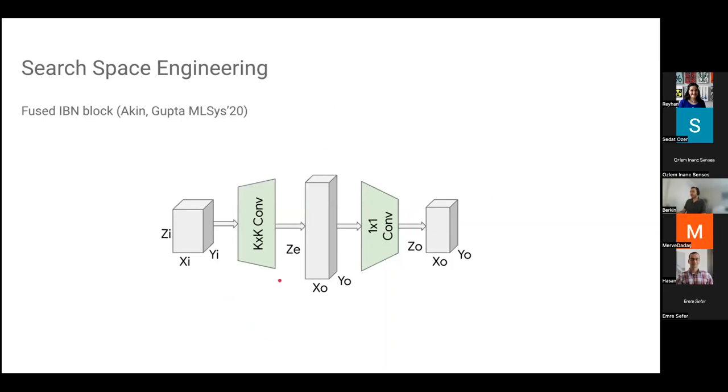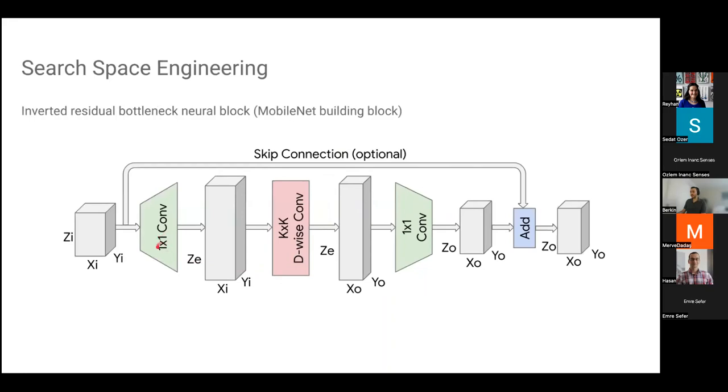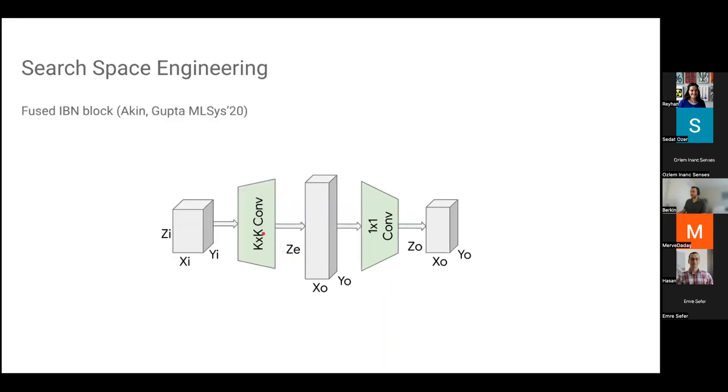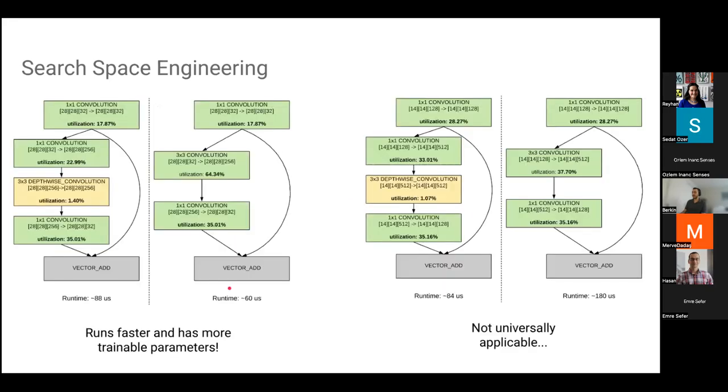And what we did is we fused this pointwise expansion with the K by K depthwise convolution, and we achieve a K by K full convolution that is doing both the main kernel application, K by K, and also the expansion, ZI to ZE. So this block, we call it the fused IBN, right? And it turns out that this block could be much more efficient compared to the original IBN, depending on the tensor shapes, right?